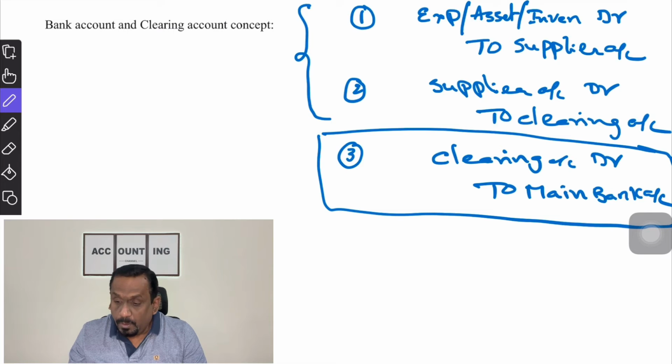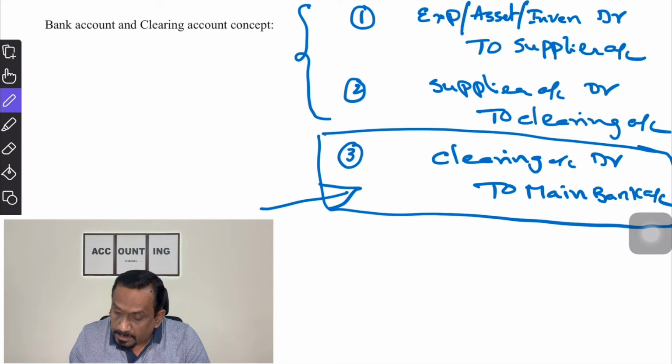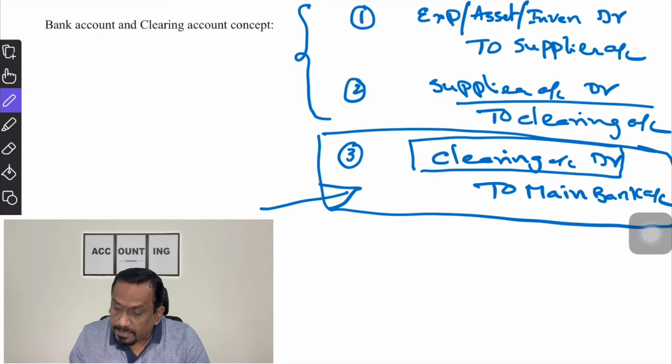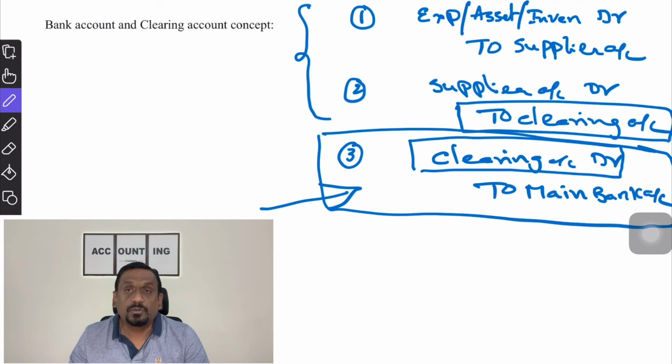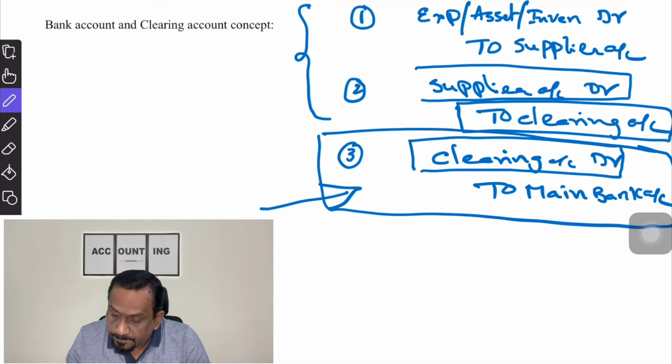Now, as soon as this entry gets posted when the bank statements are uploaded, you see here clearing account is debit and clearing account is credit. These two have to be cleared, right? Then you see here supplier account debit, here supplier account credit.